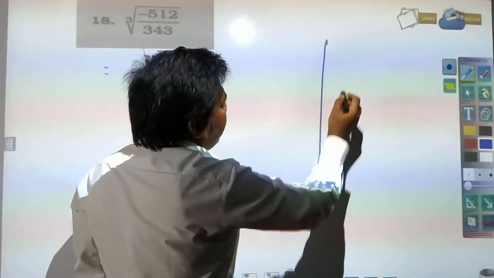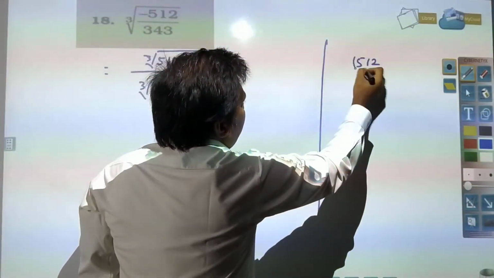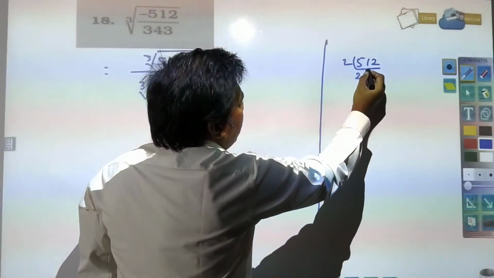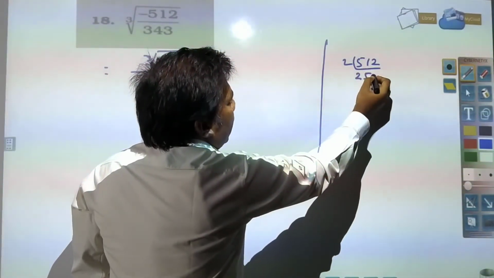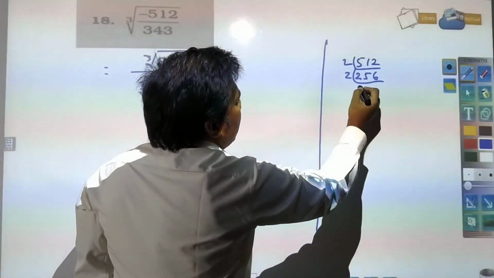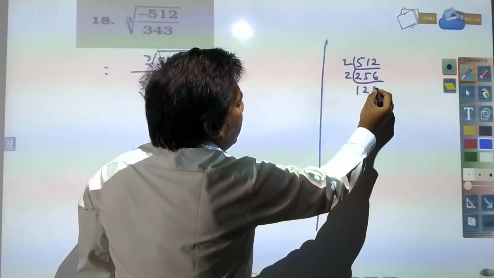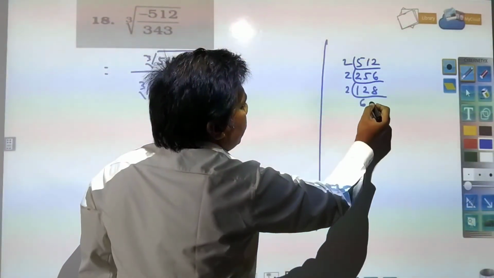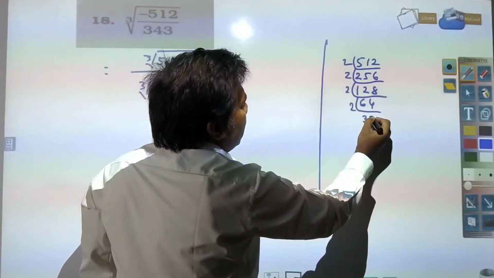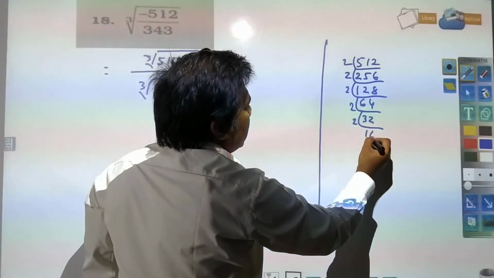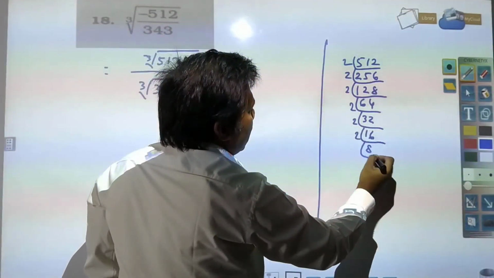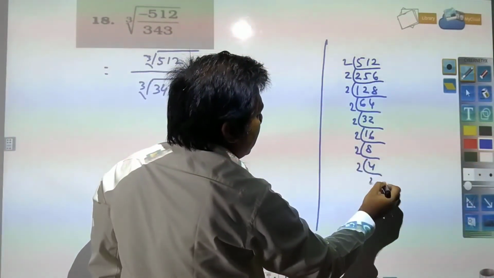Prime factors of 512 you need to find out. 2 2 is 4, 2 5 is 10, 2 6 is 12, 2 1 is 2, 2 2 is 4, 2 8 is 16, 2 6 is 12, 2 4 is 8, here 32, 16, 8, 4 and 2.